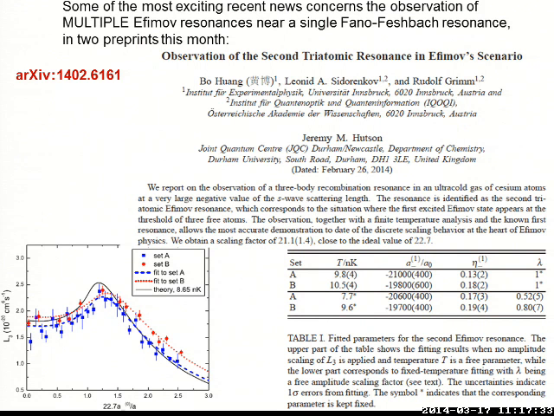Sorry, it's cut off a little at the bottom, but they're plotting it in units of this Efimov scaling factor, 22.7, times the scattering length a minus where the first Efimov resonance was seen, divided by the actual scattering length. So at 1, if Efimov scaling were exact, you'd expect this resonance to be right at 1 on this scale.